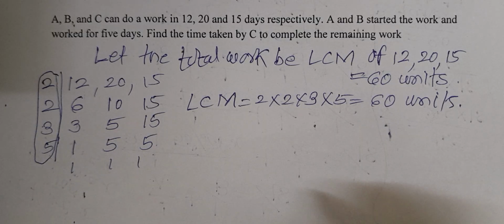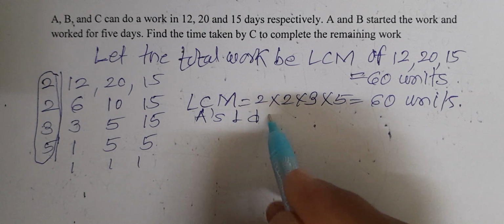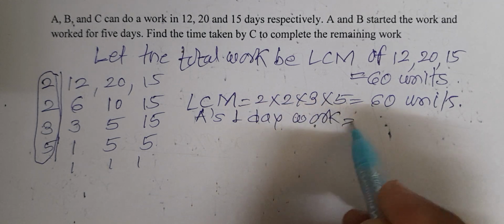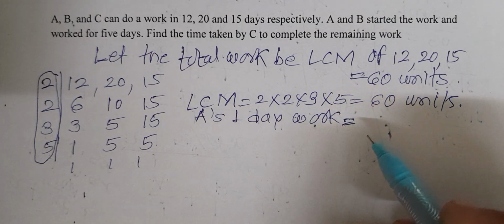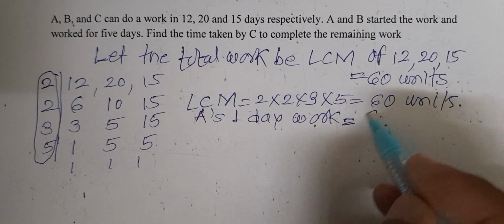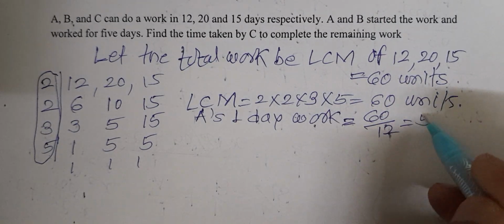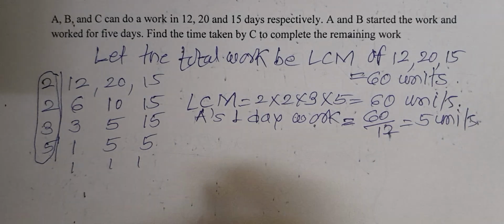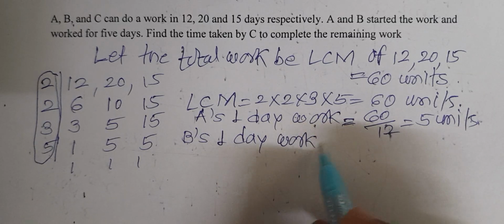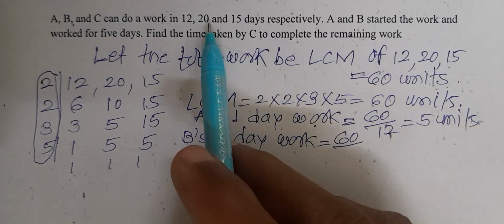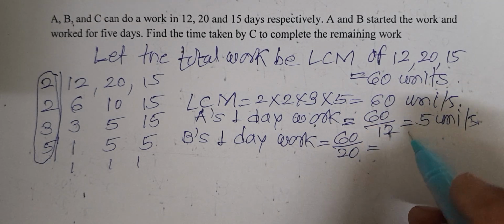Now we have to find one day's work. A's one day work will be, total work is 60, so 60 by 12, so this is 5 units. Again B's one day work will be 60 upon the days 20, so it is 3 units.